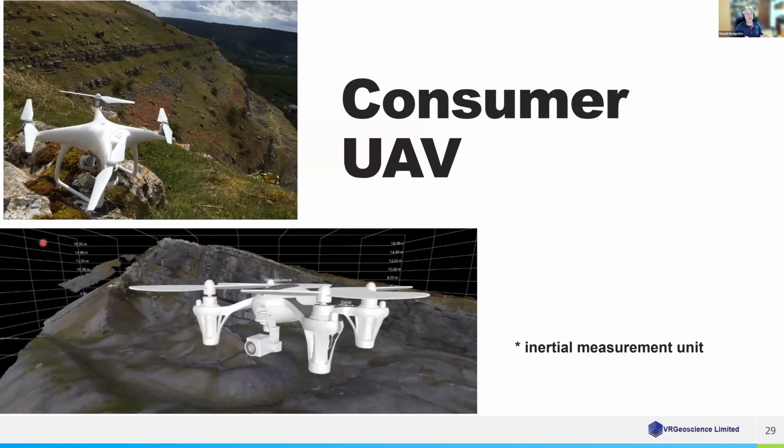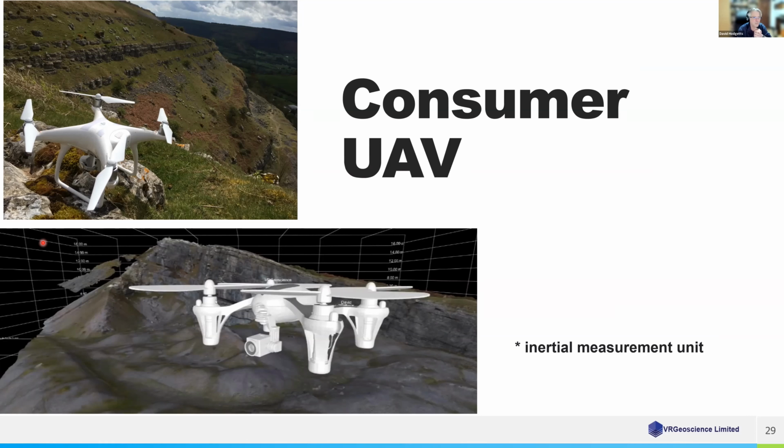So let's just briefly finish up and think about the use of drones. And I think with some of the stuff that's gone on with the Mars rovers recently, you can see where this might be going. The past few years, past 10 years, in fact, less than that, we've seen a real uptake in the use of drones for geological data collection.